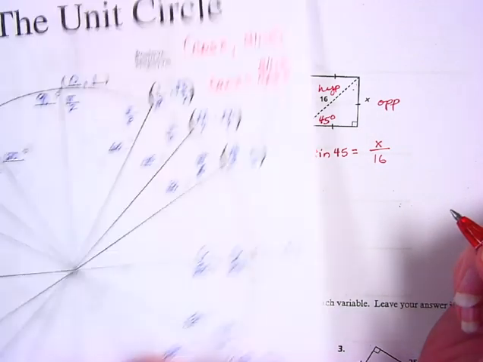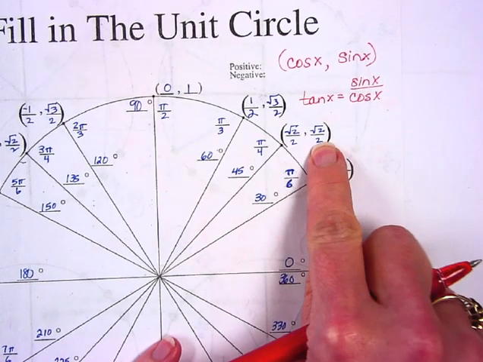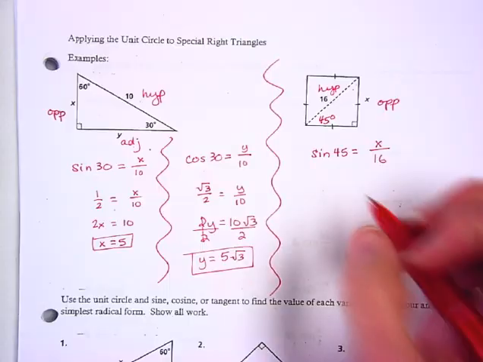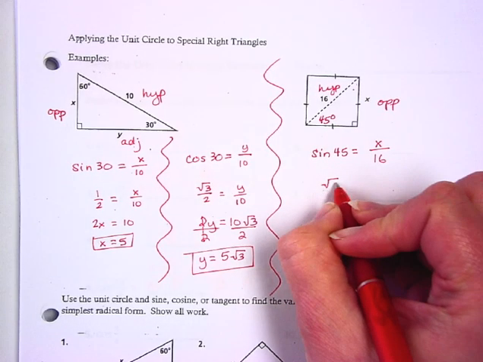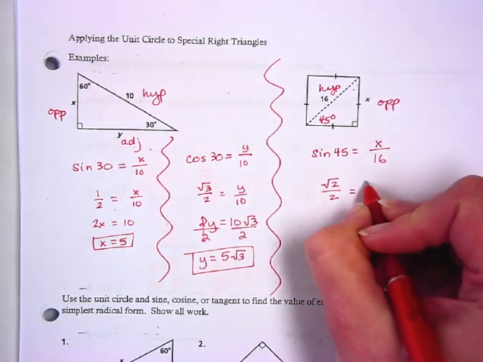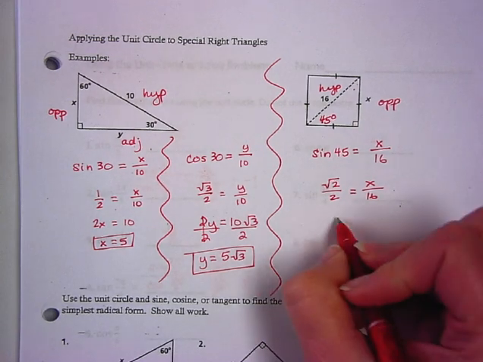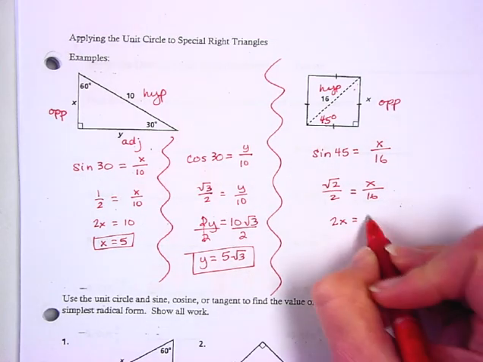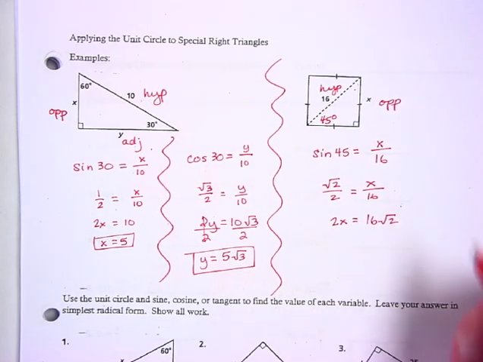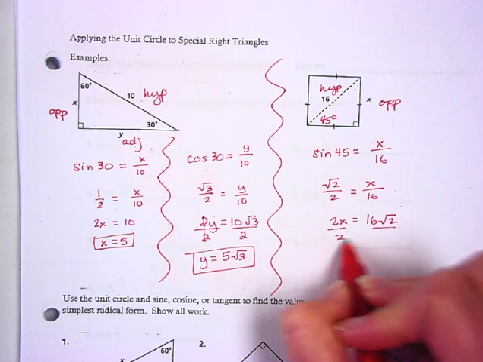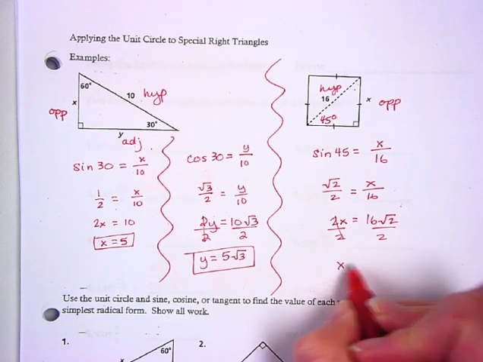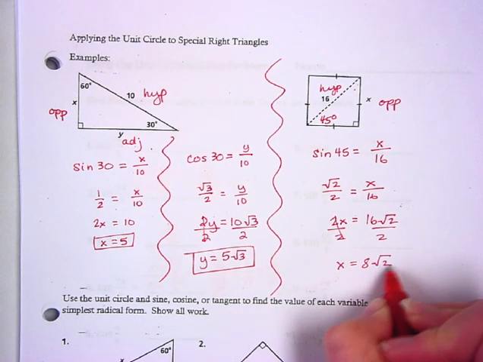So again, we're looking at the sine of 45, which is right here, square root of 2 over 2. We'll replace sine of 45 with its value, square root of 2 over 2, and get that equal to x over 16. So 2x is equal to 16 times the square root of 2. Divide by 2 on each side, and x is equal to 8 times the square root of 2.